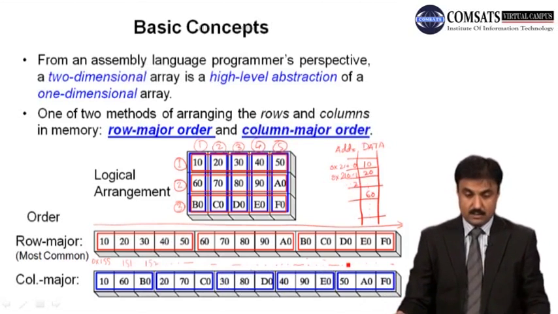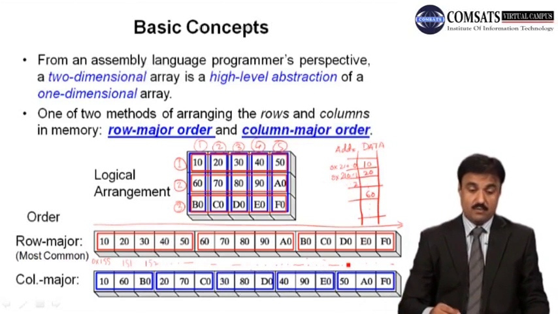Before going to discuss row major order and column major order, just remember that these indexes are the subscripts. In different languages they start with 1, or maybe they start with 0, like 0, 1, 2, 3, 4 and 5, or 0, 1, 2, 3 and 4, for example.